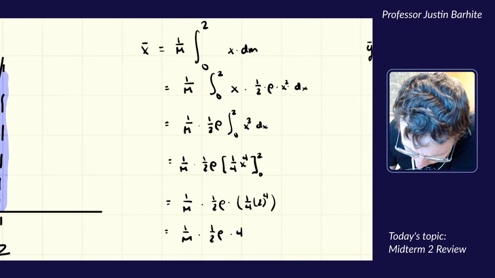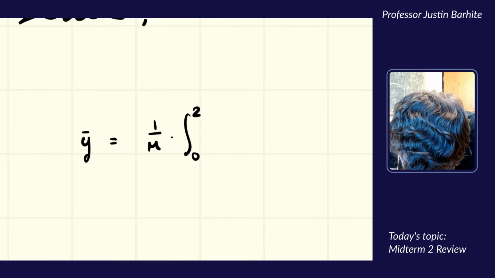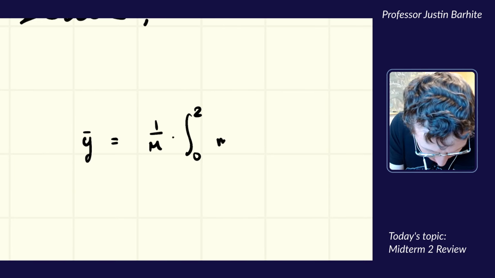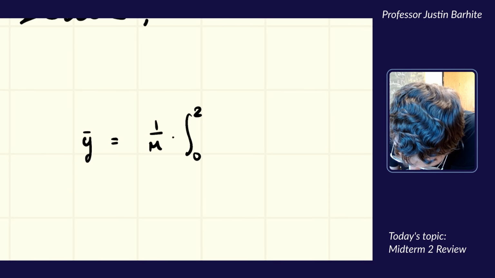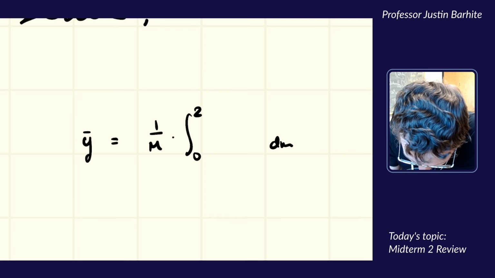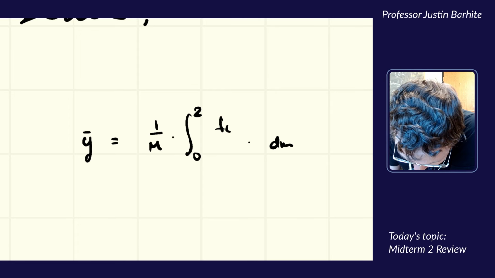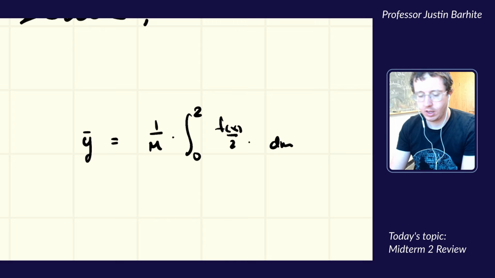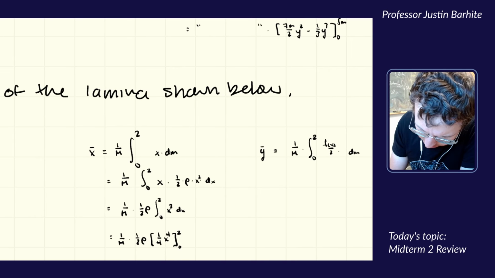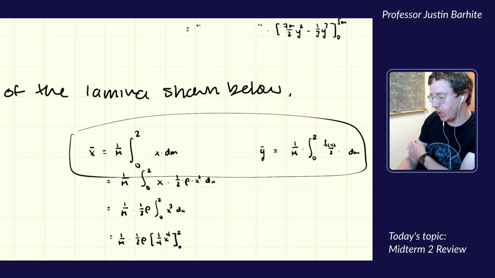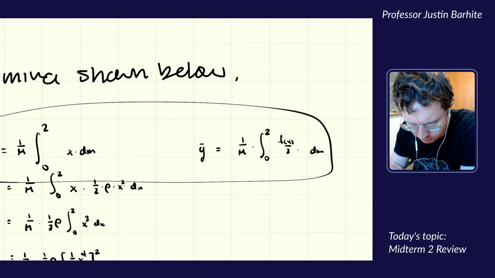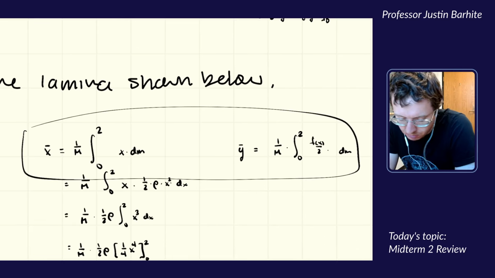Okay, so the little mass, dm, times f of x over 2. And I really just want to highlight that these formulas, even though they look very different and it might be hard to remember them, they're really the same formula.